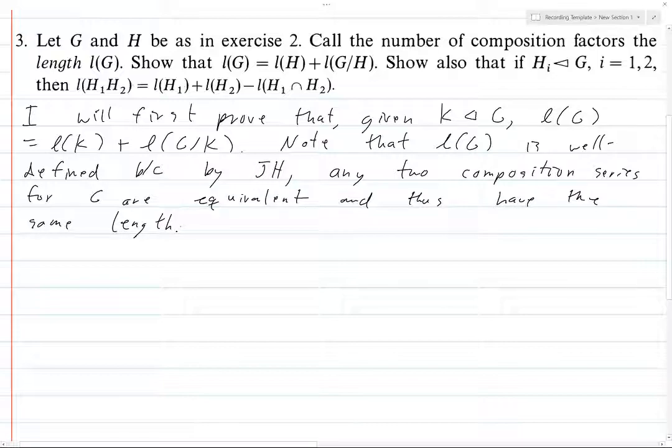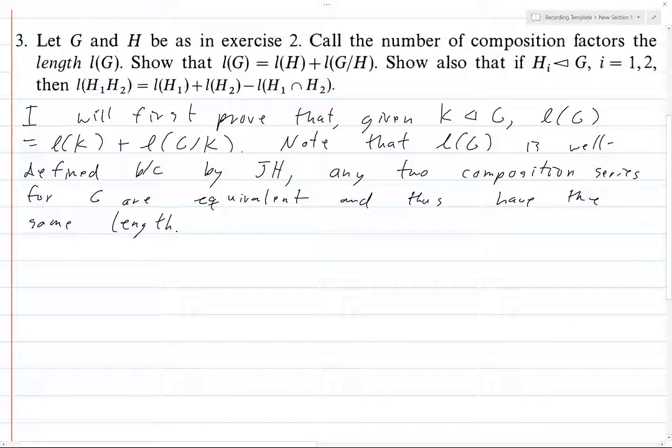And when I say length here, what I mean is, if you have two composition series, then the number of entries in each composition series is the same, but that turns into the number of graded pieces being the same, which here is what we mean by the technical term length. So when I say length here, it doesn't really matter if you use the technical definition or the intuitive definition, but whatever it is, it's the same.